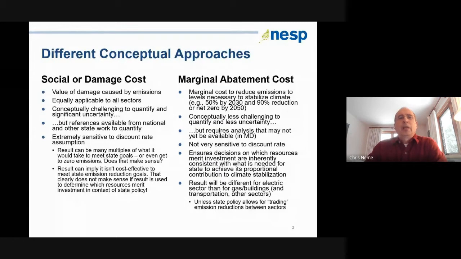The marginal abatement cost method is different. Instead of measuring the damage that greenhouse gas emissions produce and monetizing them, it is an estimate of the marginal cost to reduce emissions to levels necessary to stabilize climate. One can debate the details of exactly what those emission reductions are and what the trajectories are, but there's general agreement, I think, within a certain error band about what those numbers might be.